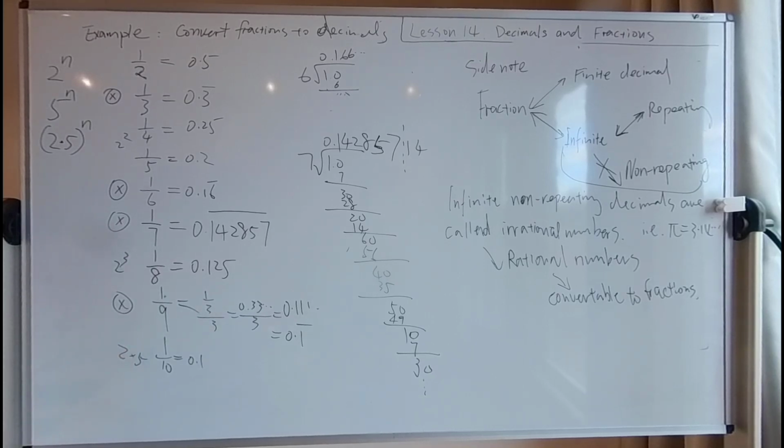Your prime factors have to be only 2's, or only 5's, or only a combination of 2 and 5. That's the only case in which your fraction gives you a finite decimal. So most fractions are not finite decimals, and they will have infinitely many digits but repeating. Only this case will give you a finite decimal. So that's all for this lesson.